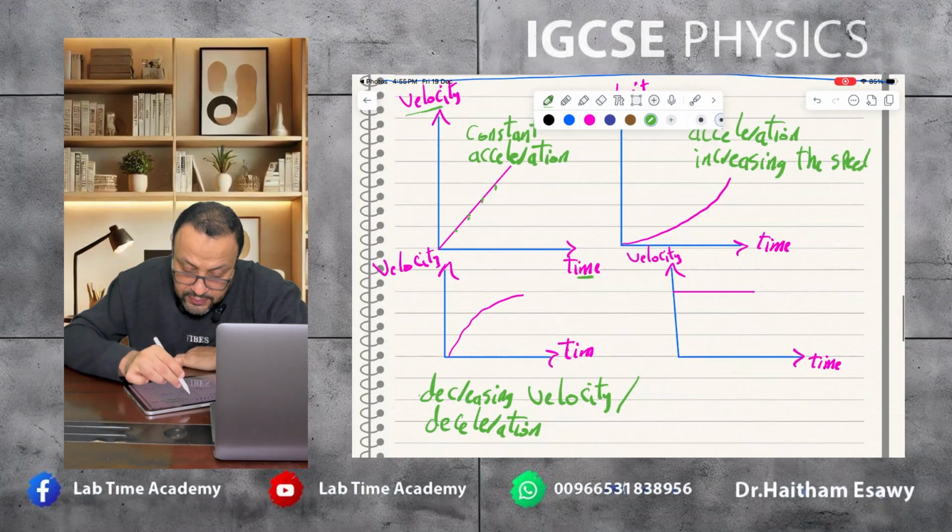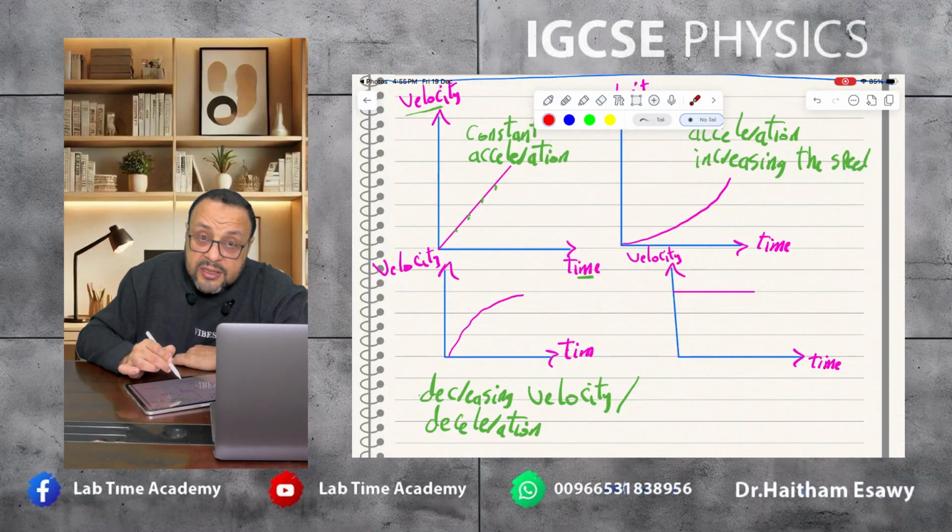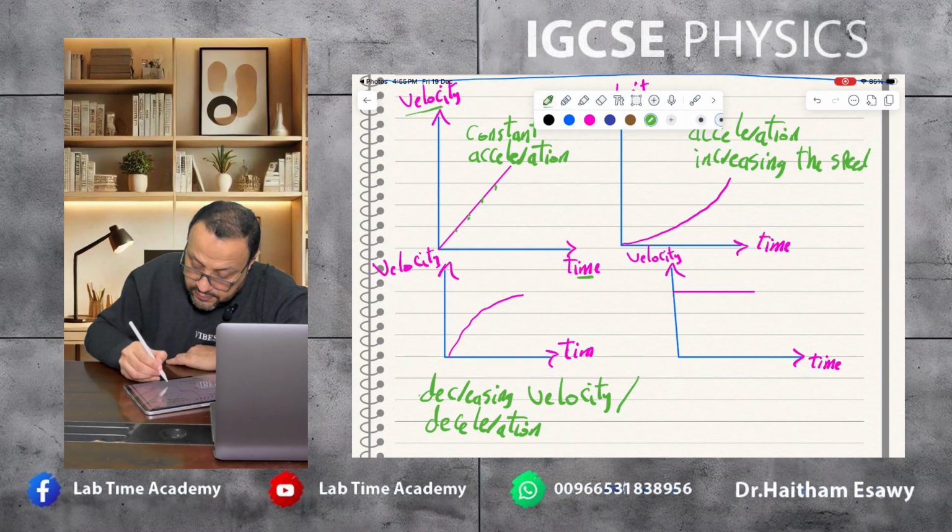While the last one, we have just one line parallel to the x-axis. So this means that the velocity does not change. So we have constant velocity.